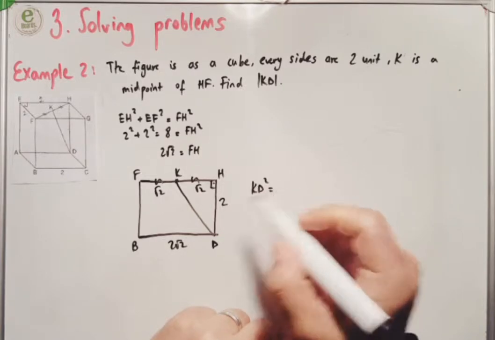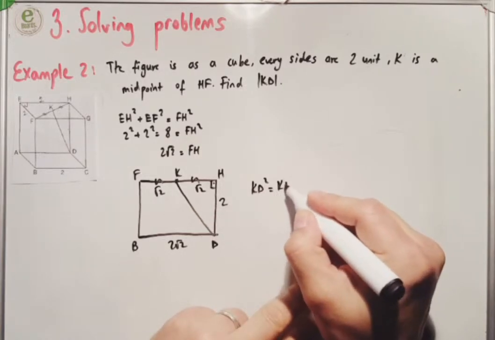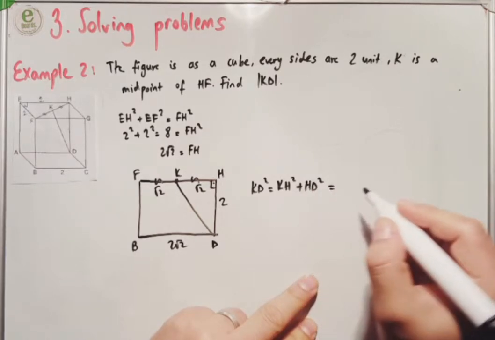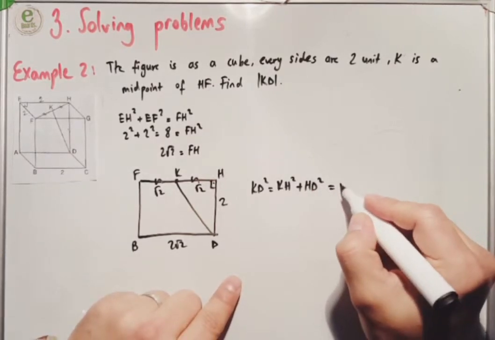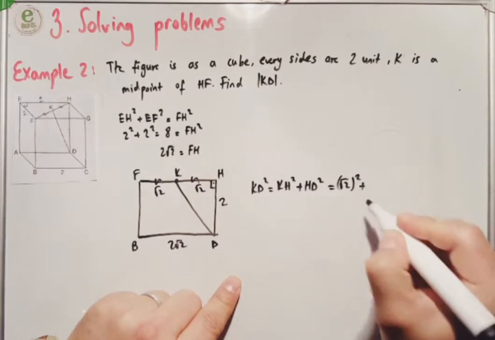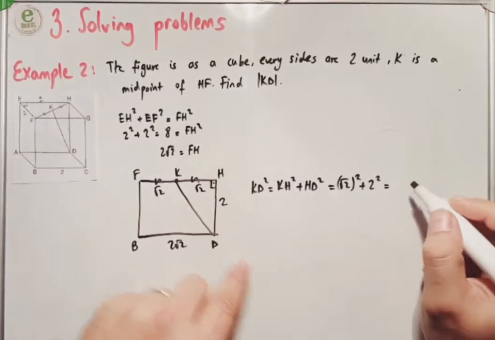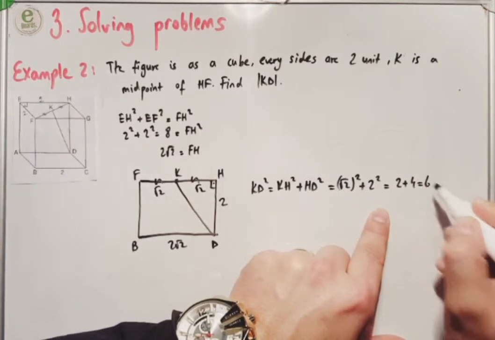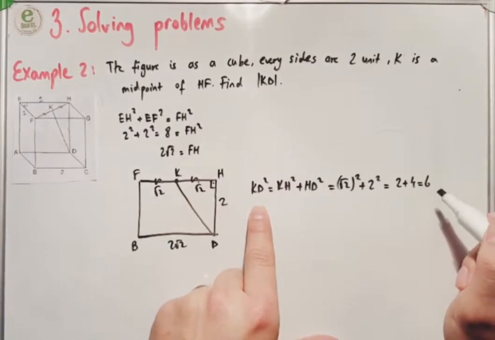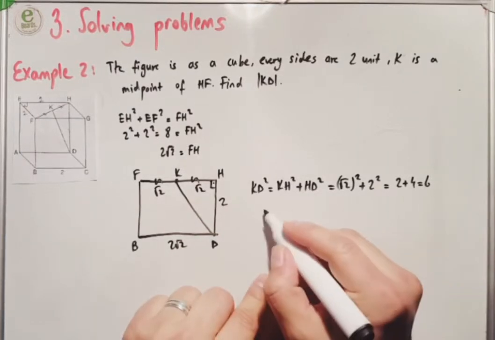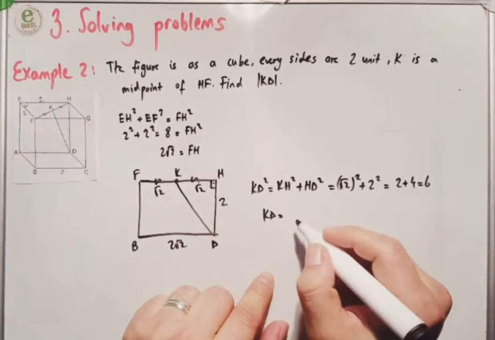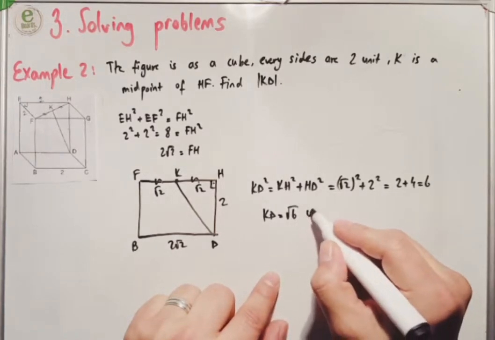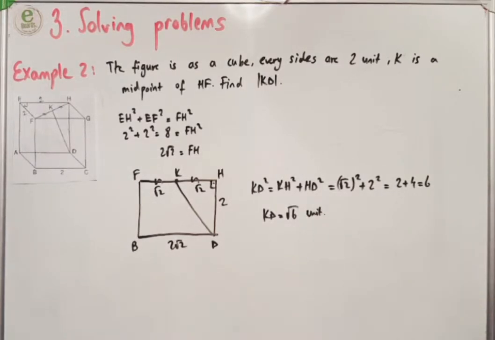KD square is equal to KH square plus HD square, which is root 2 squared plus 2 squared, which is 2 plus 4, which is 6. KD square is equal to 6, so KD is root 6 units. Okay, glad to have it.